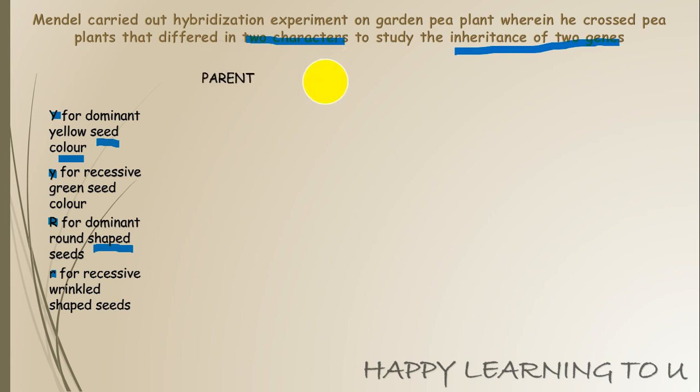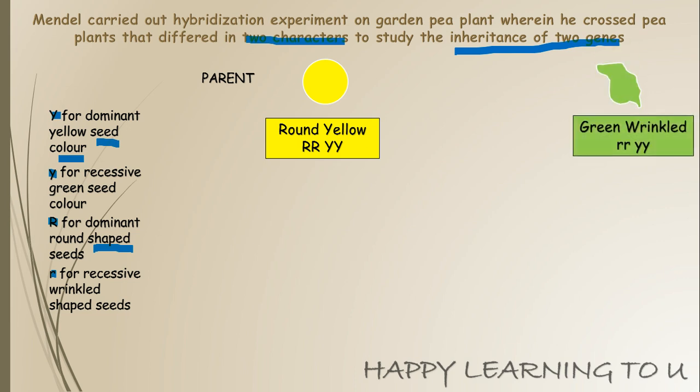So the two parents which he considered were the round yellow and the green wrinkled. The round yellow one is both capital R, both capital Y, and the green wrinkled is both small r and both small y.